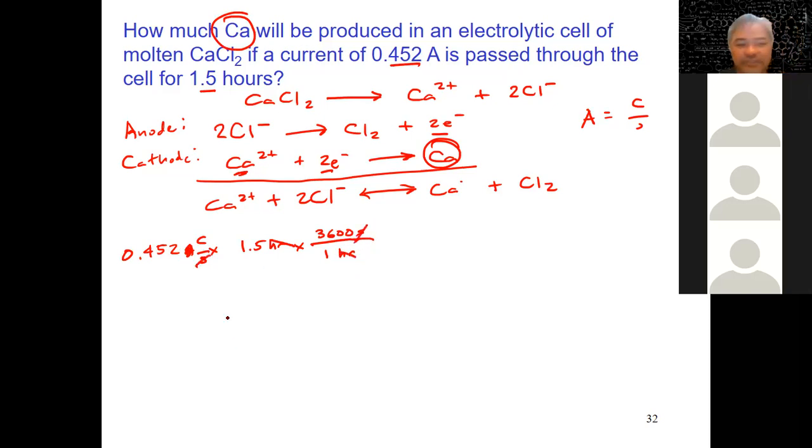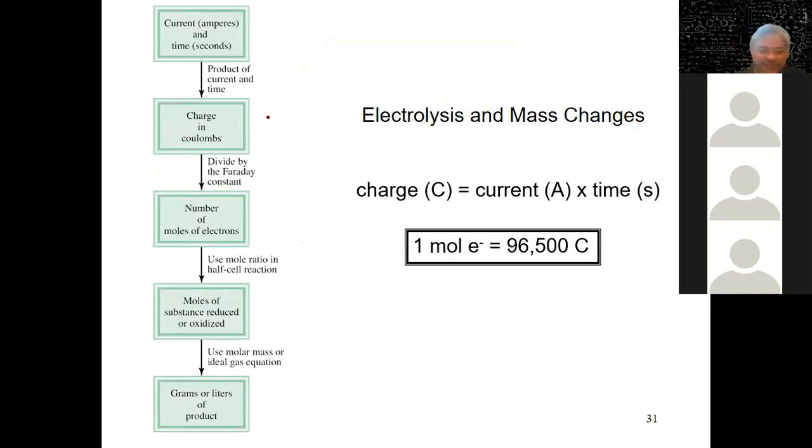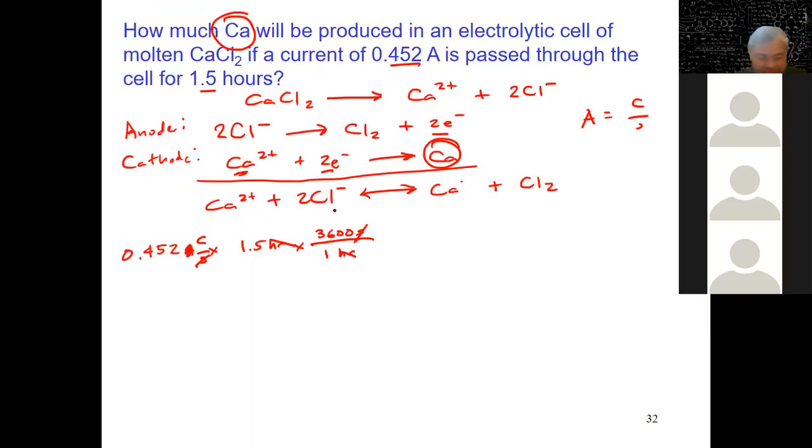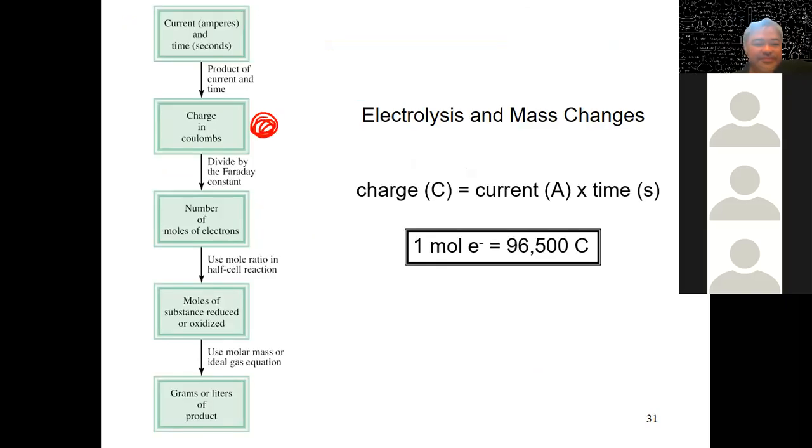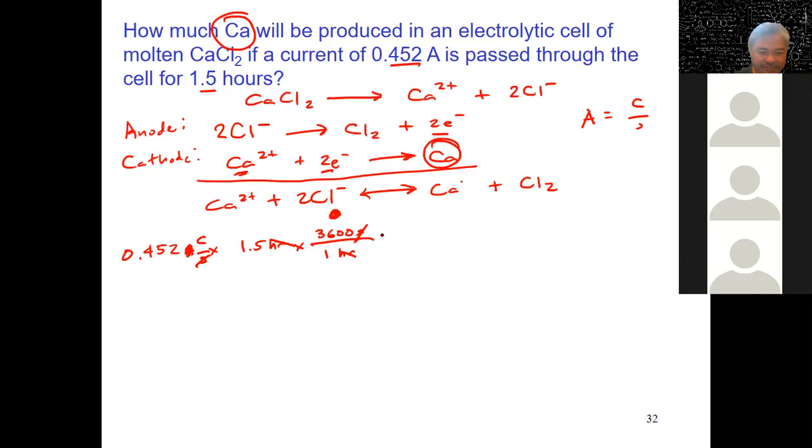So kapag tiningnan mo to, andito na tayo. The next thing that you're going to do, it says there, you divide it by the Faraday constant. So ibig sabihin, for every 1 mole of electrons, you have 96,500 coulombs, which you can now cancel because you have coulomb per second on the ampere. So here, nandito na tayo.